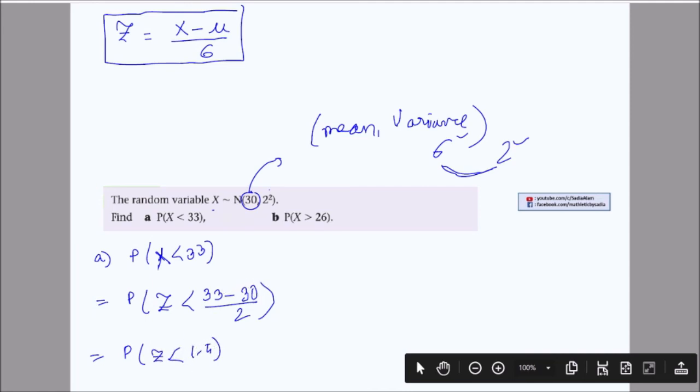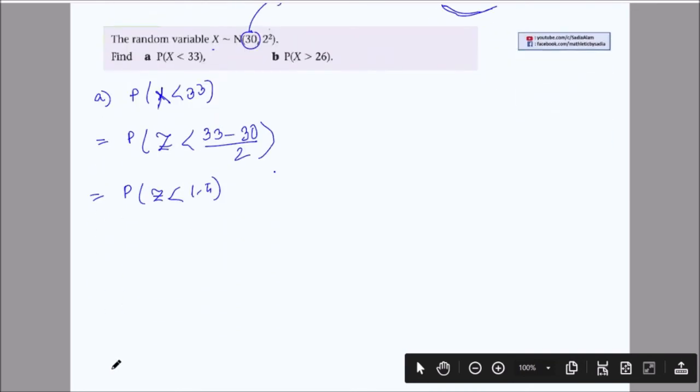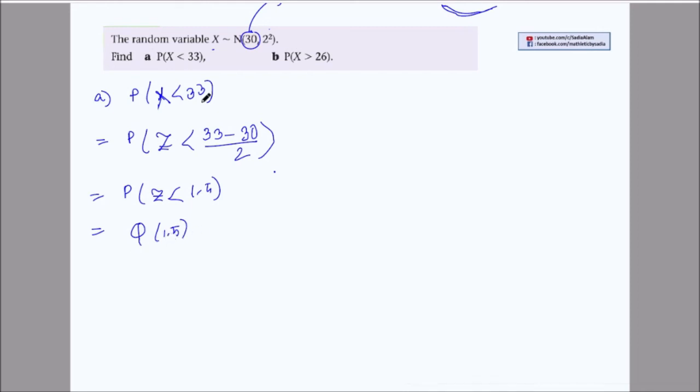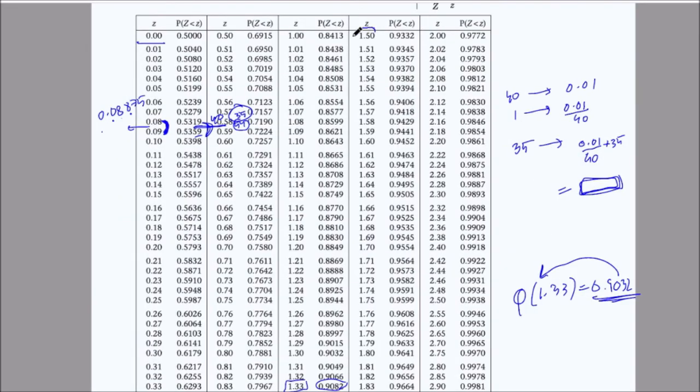So z less than 1.5 means it's basically phi of 1.5, right? So phi of 1.5 means the value of z is 1.5. We will just pick the probability. For 1.5, probability is 0.9332.